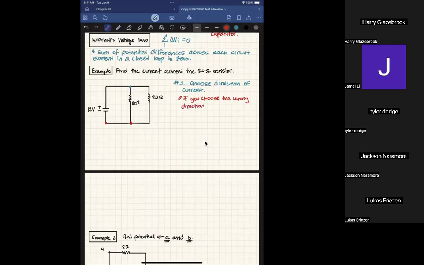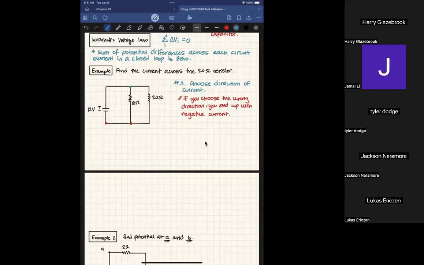Then you will end up with a negative current. If you see that negative current, all it means is you chose the wrong direction and you need to flip it. That's all. So you can choose any direction, it doesn't matter. But if you end up with a negative current at the end, you know you need to just flip the direction you chose. That's all.